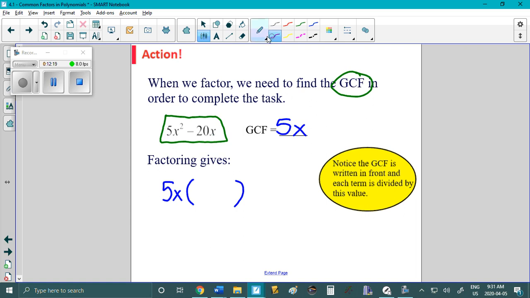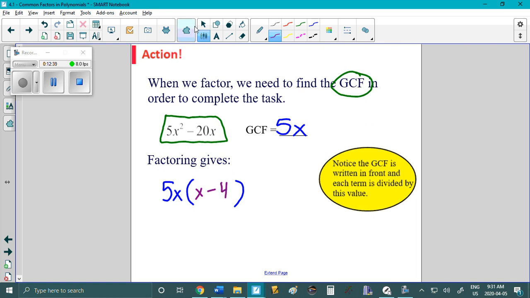So again, feel free to pause and try that. If not, I'm going to do it now. So 5x times something gives us 5x squared. Well, I know that that's x. And 5x times something has to give us negative 20x. And that's going to be minus 4.